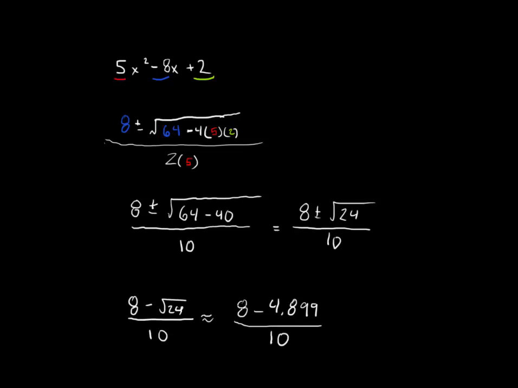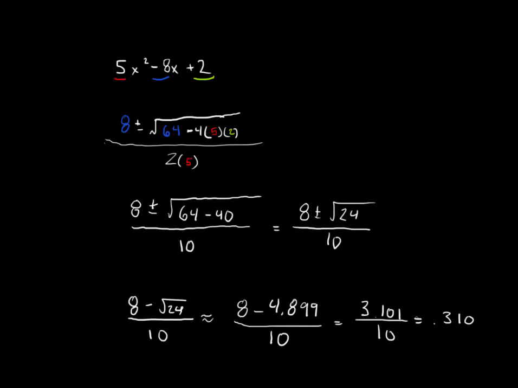8 minus that value is equal to 3.101 divided by 10, and all that does is move the decimal place to the left, leaving 0.3101, and I said round to 3 decimal places, so that 1 on the end is irrelevant.